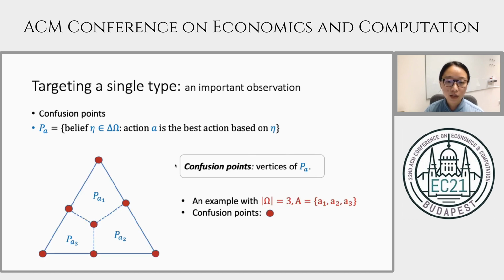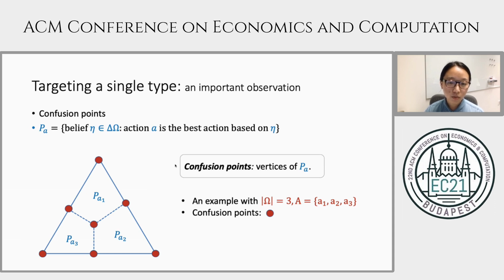For example, let's consider a state omega with 3 possible realizations, and the buyer has 3 possible actions. Then if we plot all possible beliefs about omega as a triangle, we can divide this triangle into 3 different regions in which each action is the best action to take based on the beliefs in that region.